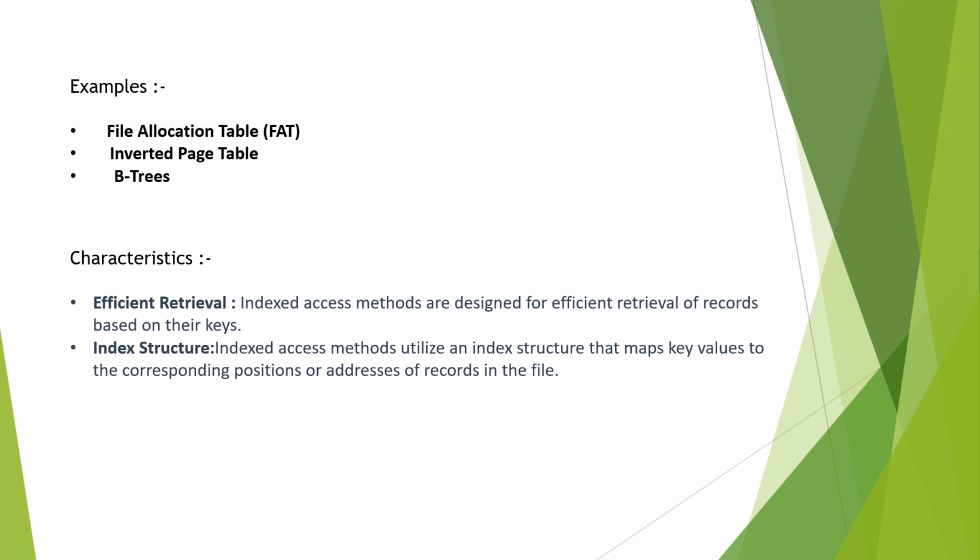Indexed access methods utilize an index structure that maps key values to the corresponding positions or addresses of records in a file. When we search a key or an index of a record, that key value maps to the corresponding position of the record and enables us to retrieve that record.